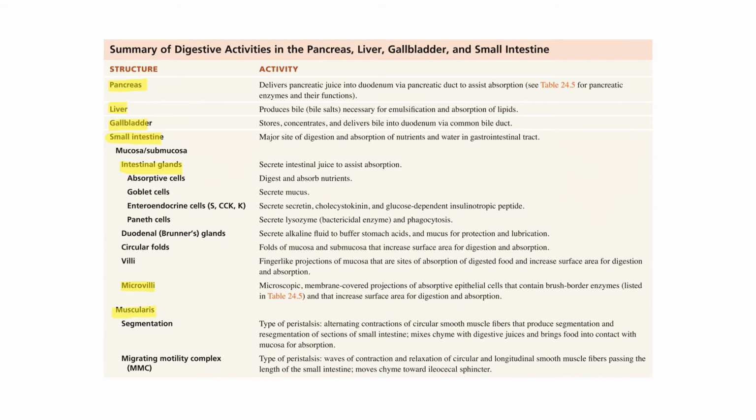It shows what these cells secrete. So we're going to see that the goblet cells and the intestinal glands secrete mucus, and it also shows pretty much the activities that they all complete. So this all pretty much is stuff that we've covered, but a nice summarizing table here.